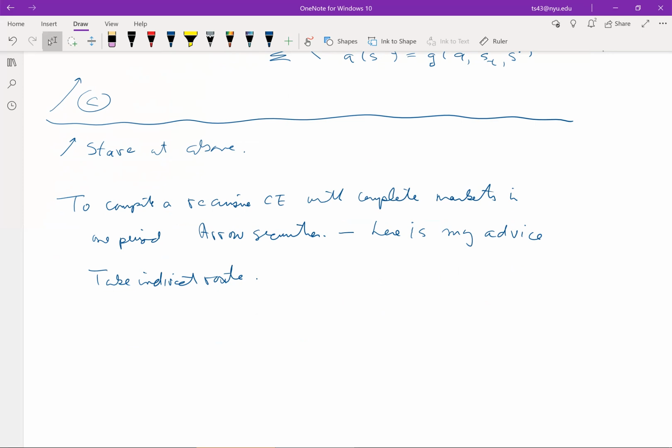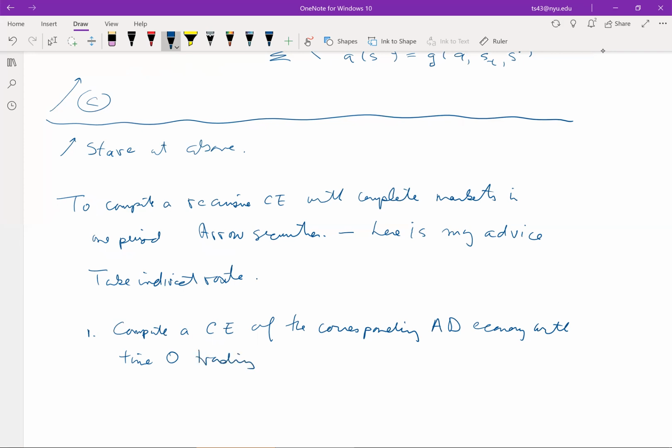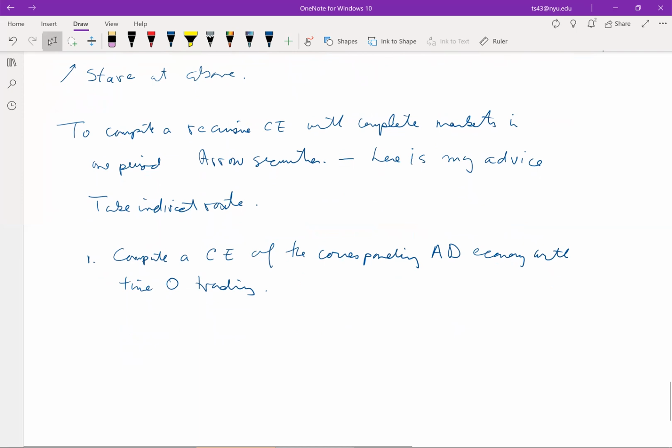Step one: compute a competitive equilibrium of the corresponding Arrow-Debreu economy with time zero trading. Now, how could you compute that?